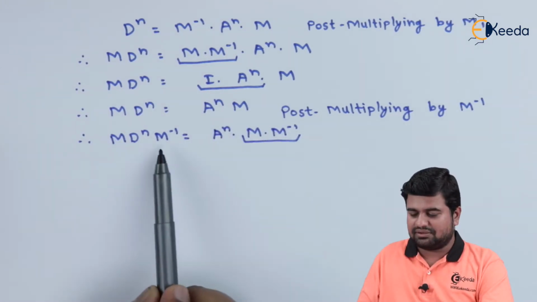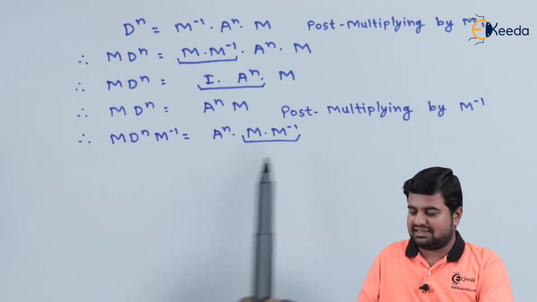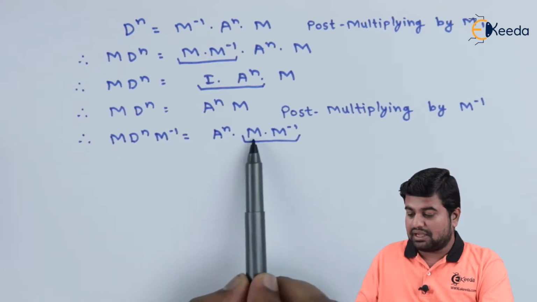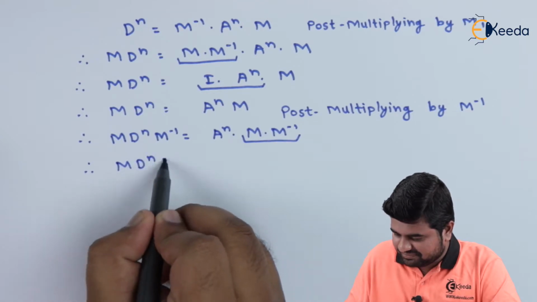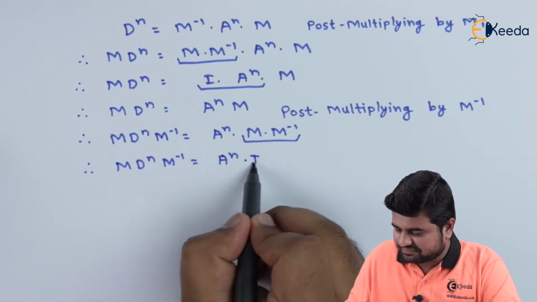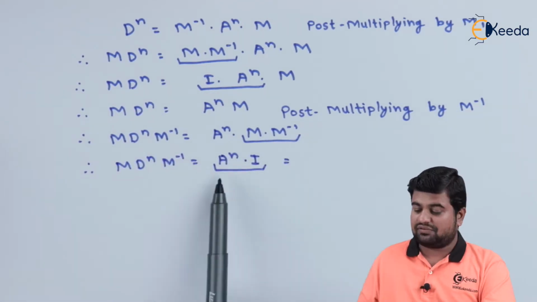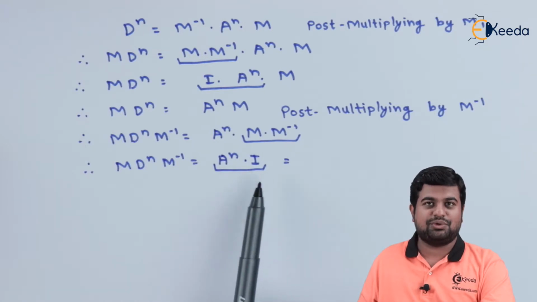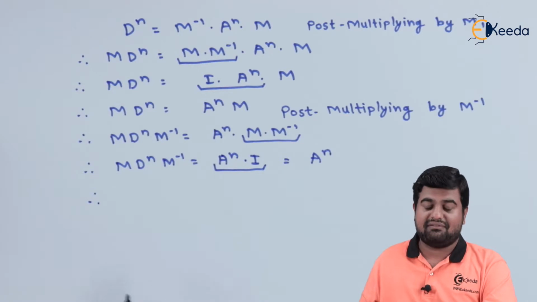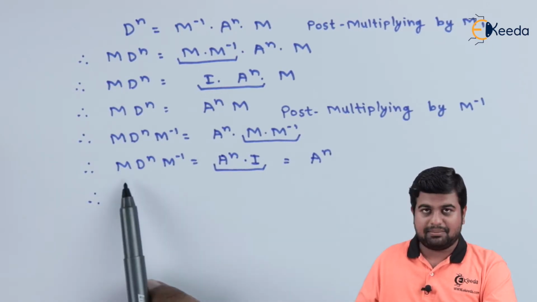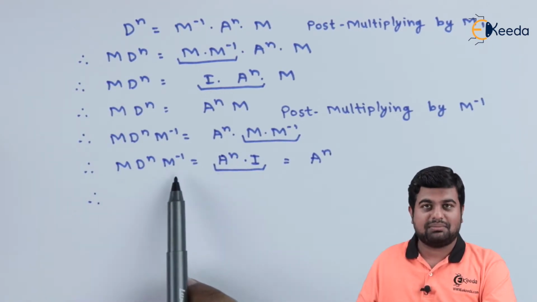So we have multiplied M inverse on the left hand side as well as on the right hand side. So M into M inverse is going to be an I. And of course, A raised to n into I is going to be A raised to n. Therefore, I can have A raised to n is equal to M into D raised to n into M inverse.